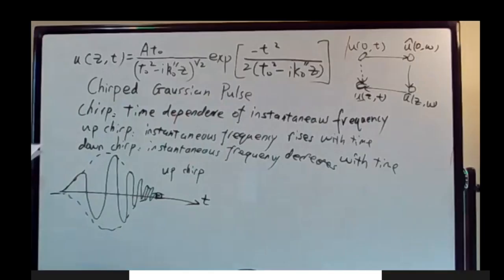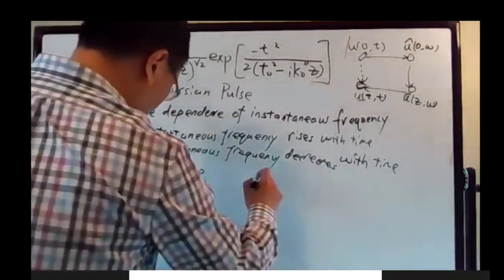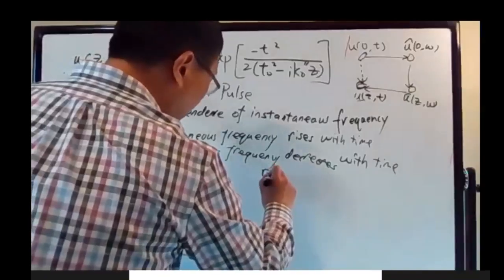Okay. So once we have this chirped Gaussian pulse, we can also write a function representing a chirped pulse.